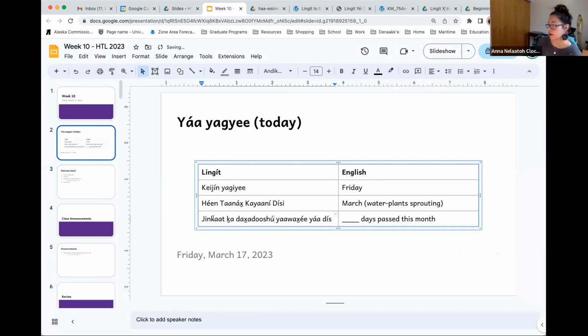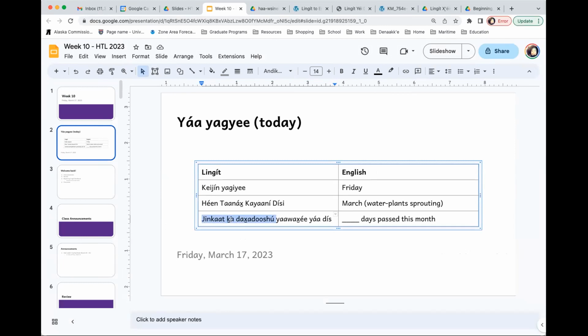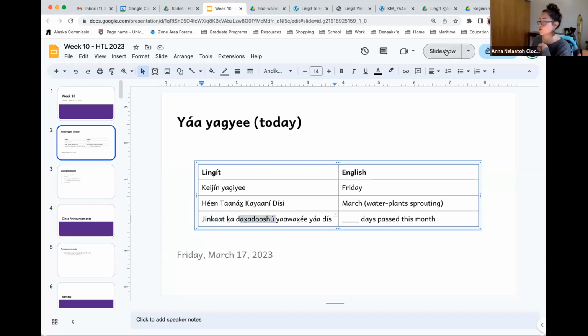And this, for folks who are still learning to count, the way you would say 17 is 10 and 7. So ka is and, jinkat is 10, ka dachadushu. So let's start with just the number.